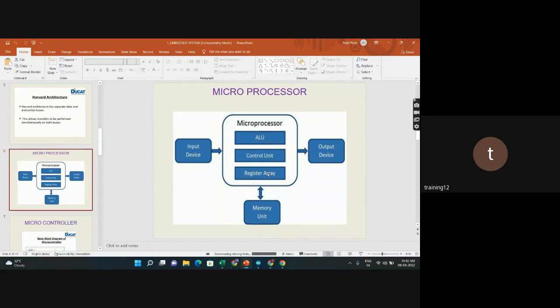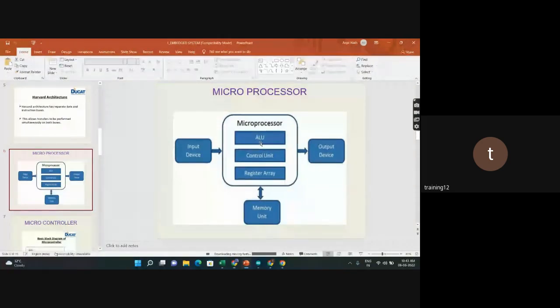Then there is an ALU where all the data processing is carried out, both arithmetic and logical operations. And there is some mechanism for interfacing memory and I/O devices.